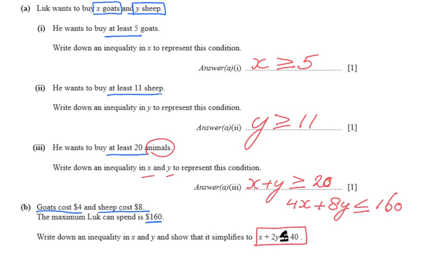So the price, 4x plus 8y, has to be smaller or perhaps equal to it. Bigger wouldn't be good because he's got no money. All right, and then we're going to show that that simplifies to this.